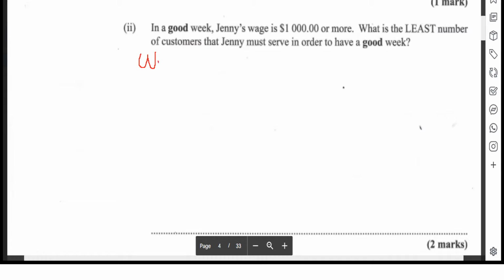WJ is equal to 600 plus 0.9n, and we equate that to 1,000 because she must serve n number of customers, earn 1,000 or more in her good week.